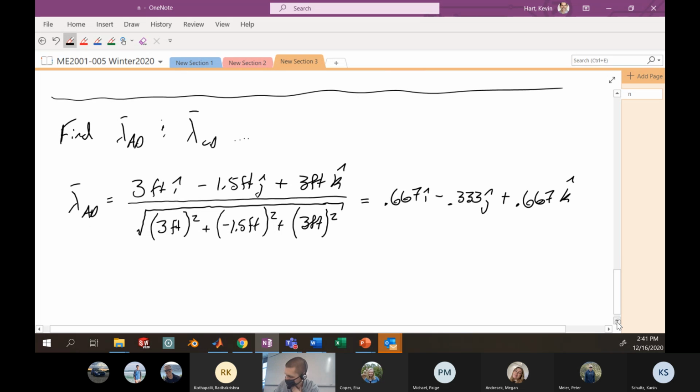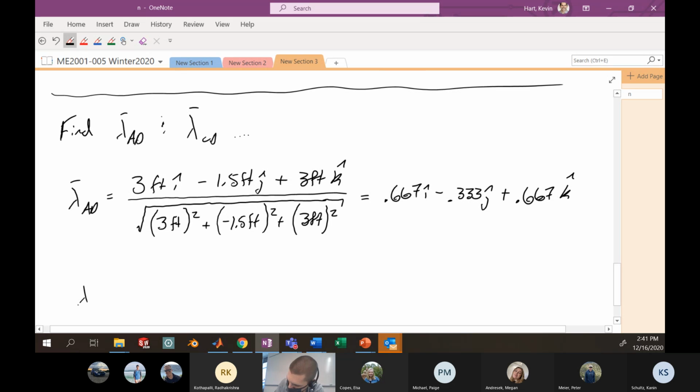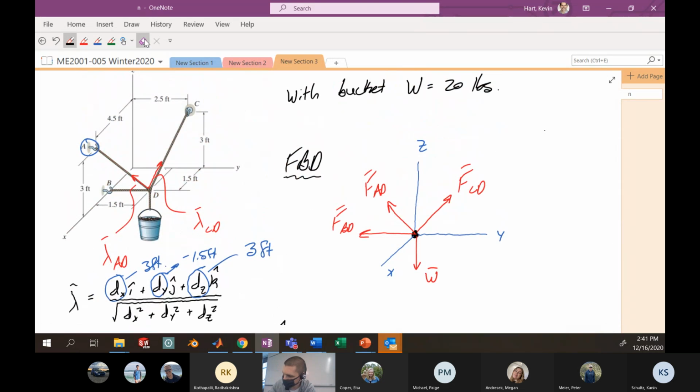We're going to go through a similar process when we're defining our unit vector between points C and D. I first want to define the x distance traveled, y distance traveled, and z distance traveled between D and C. I'll go back up to my figure here. So here's D. Oh, I wrote B, I meant C. Sorry about that.